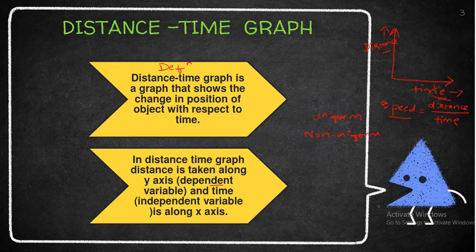So this distance is called the dependent variable. And one more variable which I have taken is time, right? So time is called the independent variable, which we have taken along the x-axis. Okay, these two points we need to know if we want to know about the distance time graph.